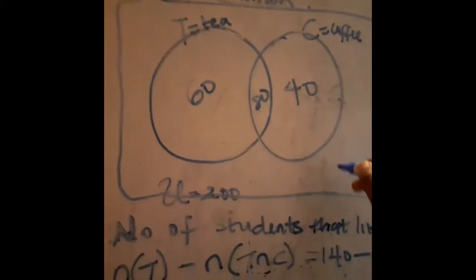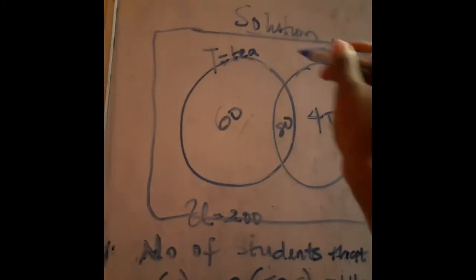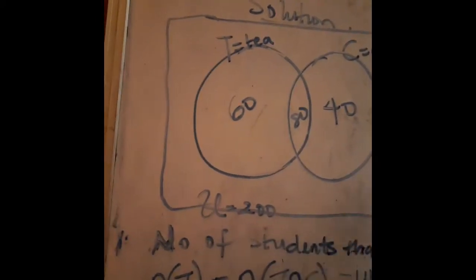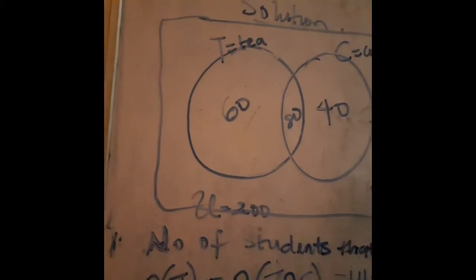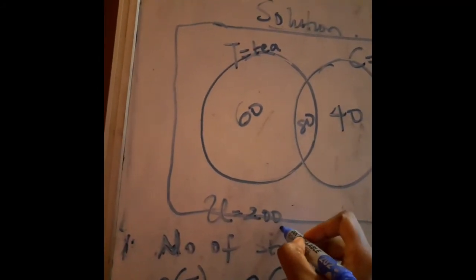Where would they be? They'll be outside tea and coffee, somewhere here. To get this, we already know the number of elements that are here, and we know our universal set. So for everything here to equal 200, what are we going to do?